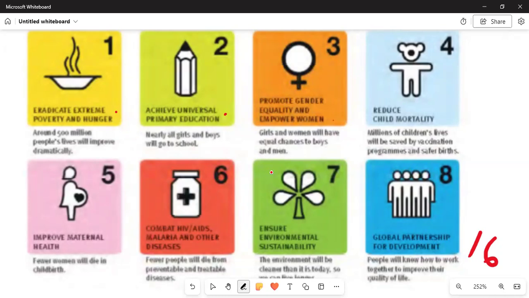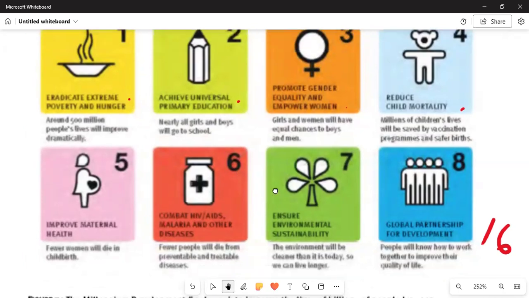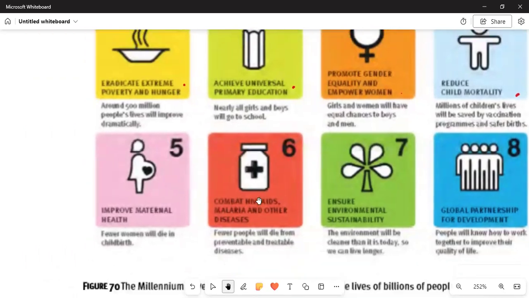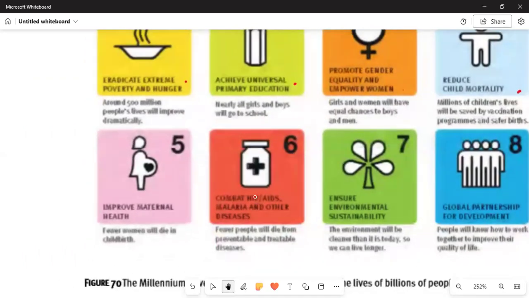And then let us understand the child mortality. So we are saying that the child must also be saved in this coordination. And then we are saying that there is also to improve the maternal health. This is the Millennium Goals, which must be established. And then let us understand that they are there to combat HIV and AIDS, malaria, and other diseases. As we have seen also in COVID-19, they played a big role by ensuring that they give PPEs to millions of people.